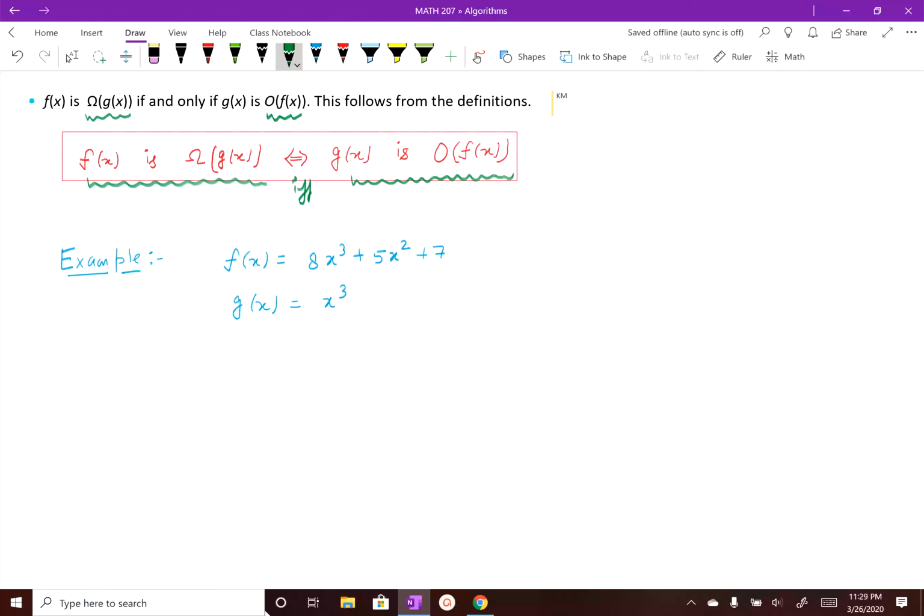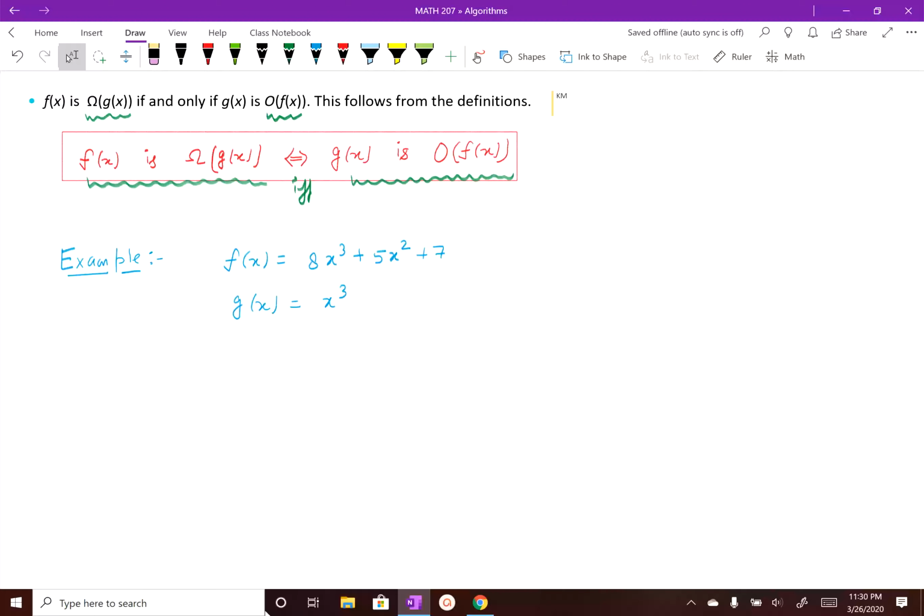And by definition, you can write the proof of this statement. Okay, let's take one example just to realize how these two things are connected: how you can say f(x) is Ω(g(x)) if and only if g(x) is O(f(x)).